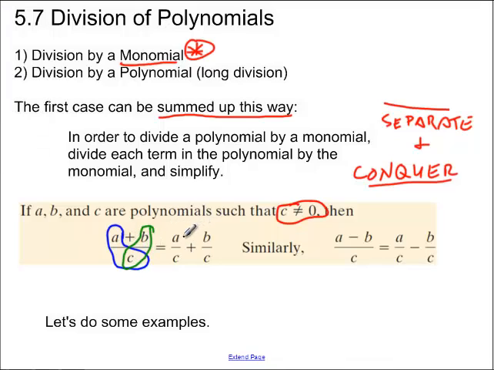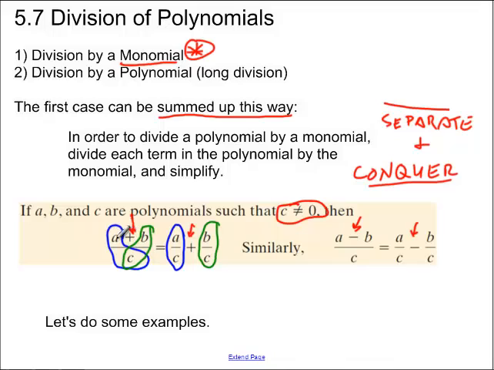You've separated, and now we can conquer them. So here's our a over c, here's our b over c, and we need to pay attention to the sign that's here. If this is a plus sign here, we need to put a plus sign here. And if there's a minus sign, the minus sign would go between these two divisions.